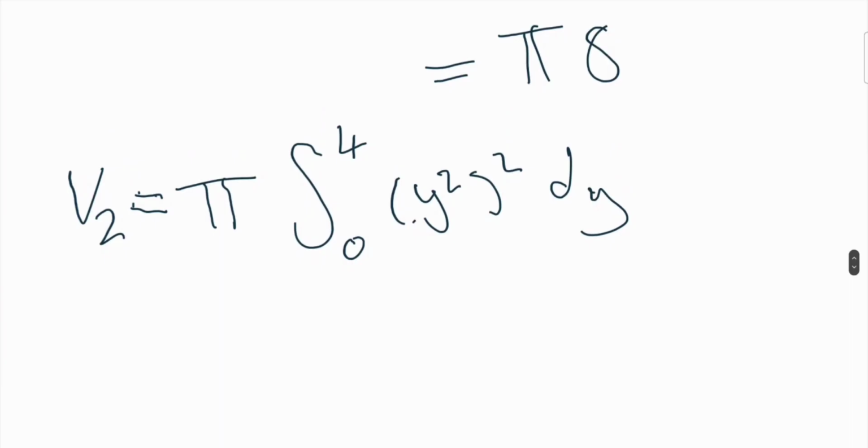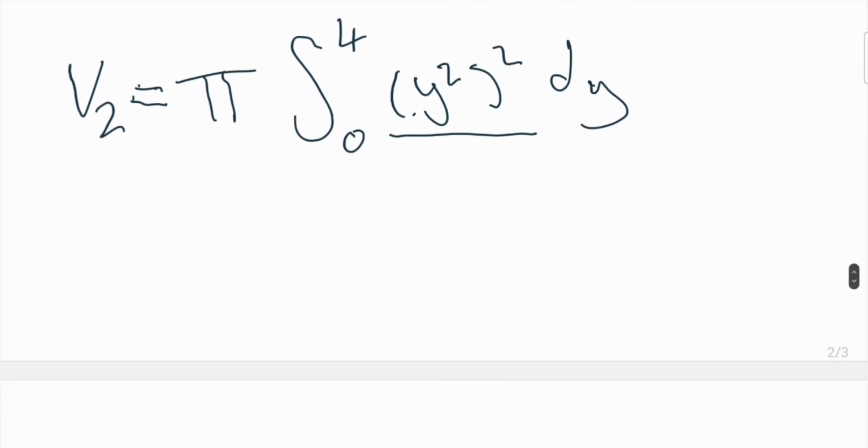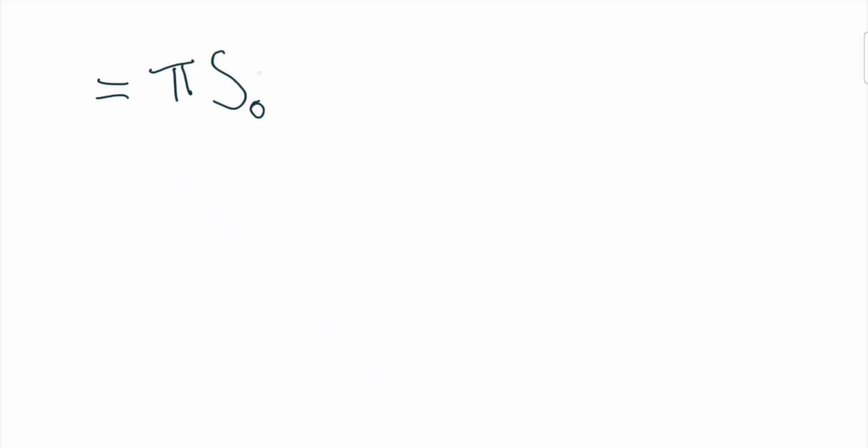Alright, so first we are going to simplify this. Y squared to the power of 2 equals pi integral 0 to 4 of y to the, what is it?